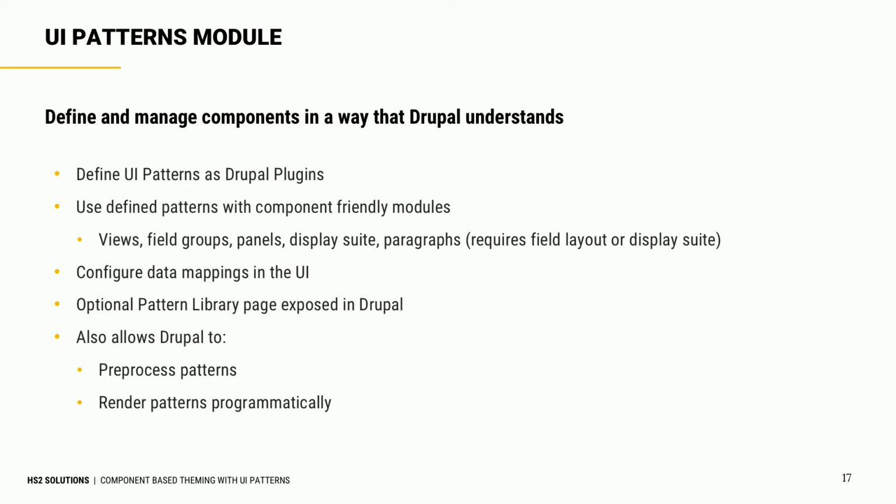Additionally, it lets you configure the mappings that we talked about in the Drupal Admin UI, which is really nice. It optionally provides a pattern library page in Drupal that's like a stripped-down version of Pattern Lab. And because all of this is going through Drupal and Drupal is aware of it, you can do things like preprocess your patterns. There are also ways you can render them programmatically and things like that.